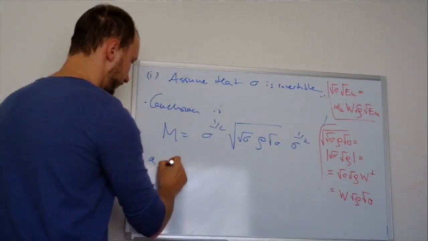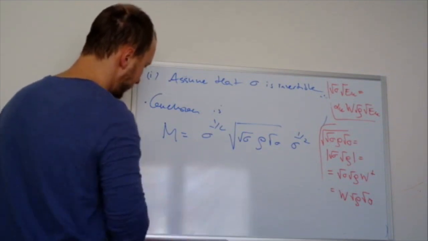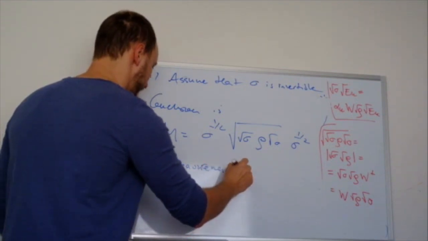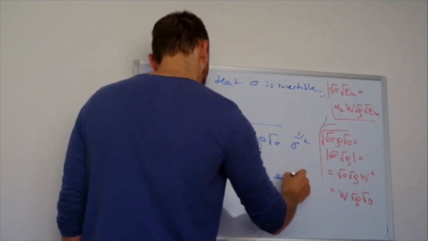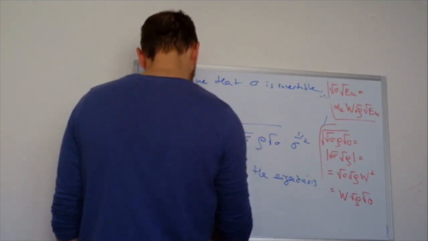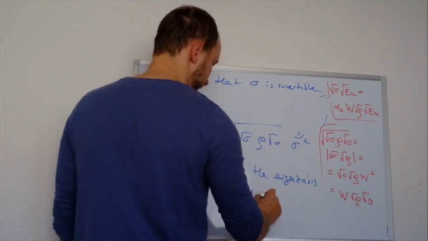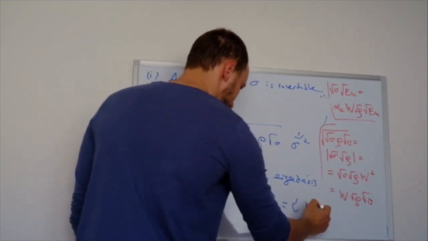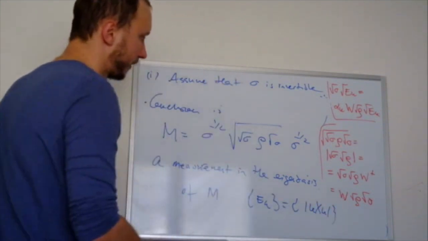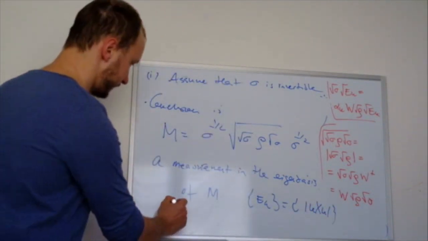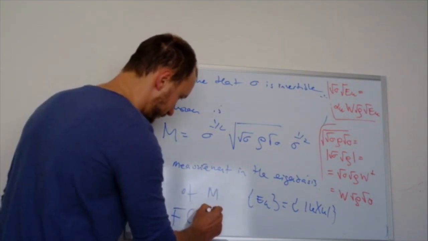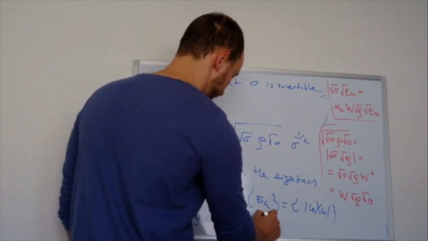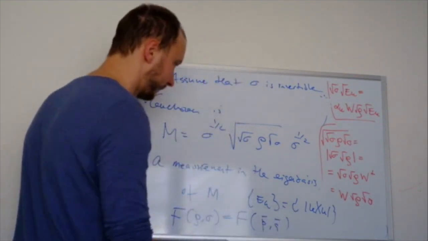Then a measurement in the eigenbasis of M. So POVM elements, well, in this case, just projectors. Then precisely we have F of the quantum states is equal to the fidelity of the probability distributions, p and q. So yeah, that's it. Nice.